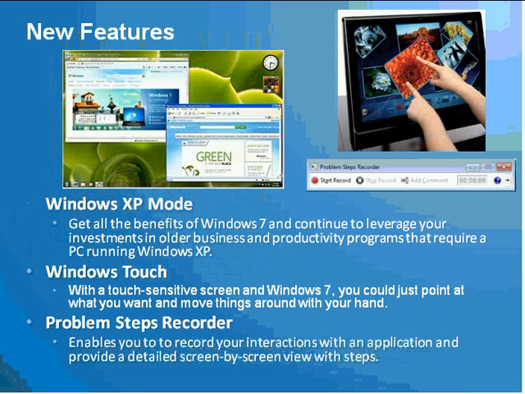There is also a very interesting feature called Problem Steps Recorder. It lets you record a problem if you want to send something to a support technician showing how you reached that problem. Pradeep is showing it on the video.